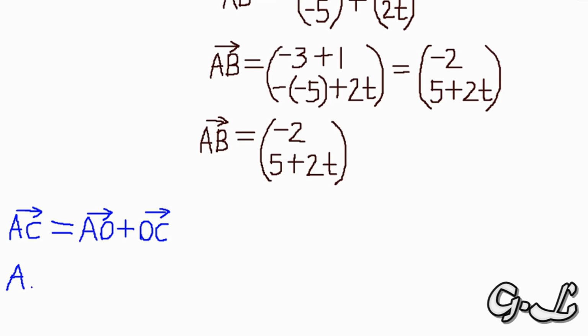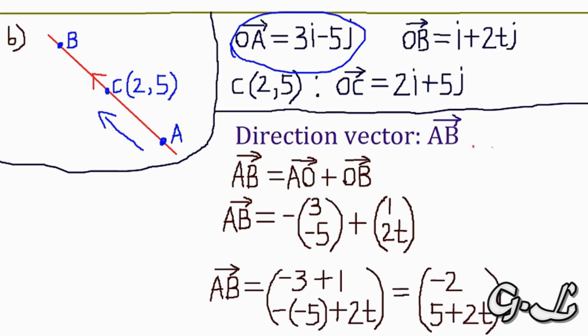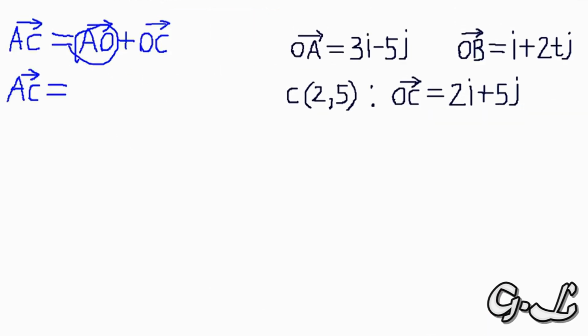So vector AC is equal to, we're going to consider AO. In the expression that we have just made, we have AO. But in the statement, we have OA.